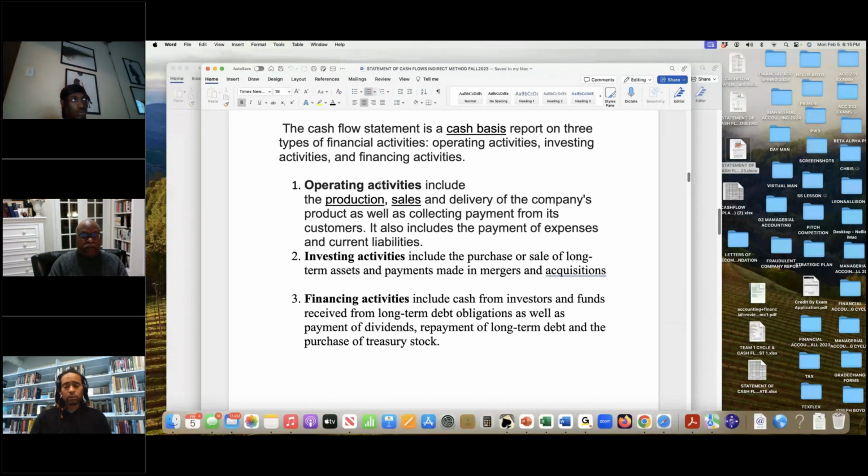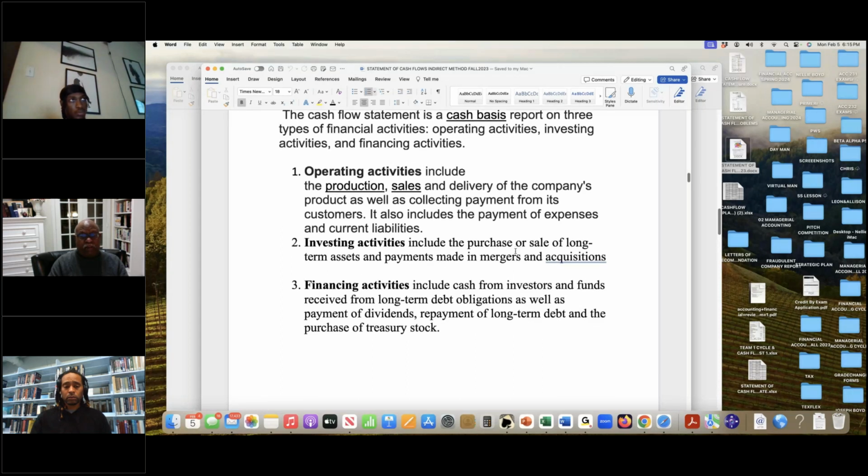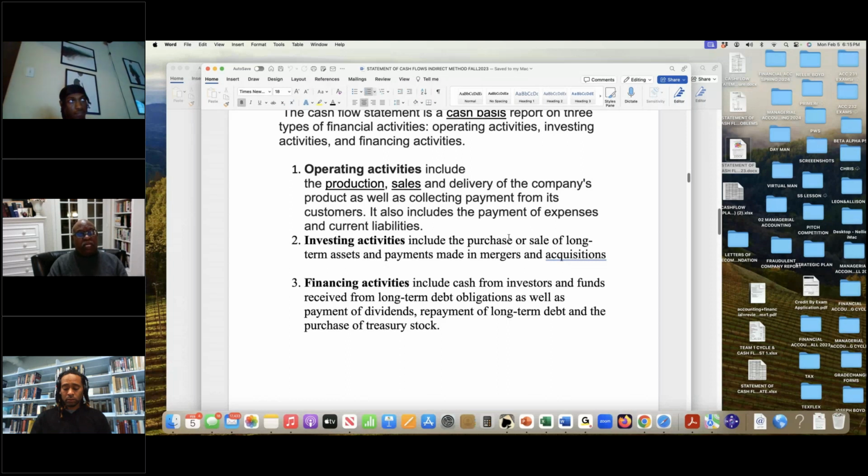Just like you, when you have a salary, you invest in assets. We'd like to see a company invest, Macy's, including more stores. So we like this number to be negative. If it's positive, then Macy's is selling stores.